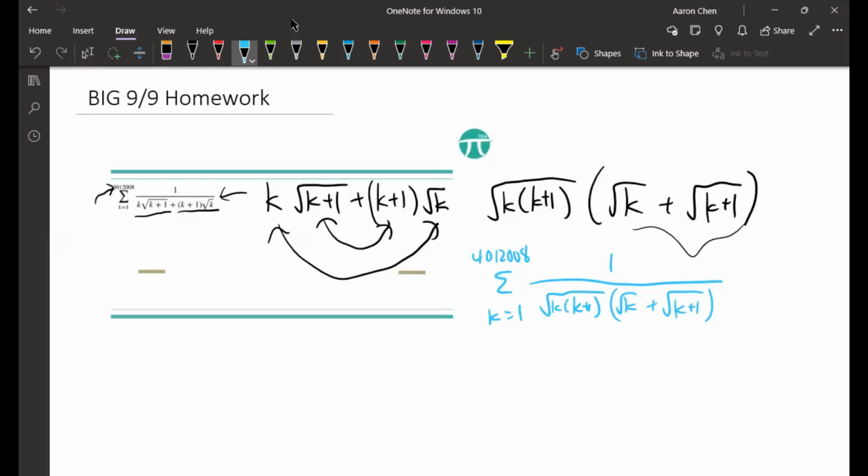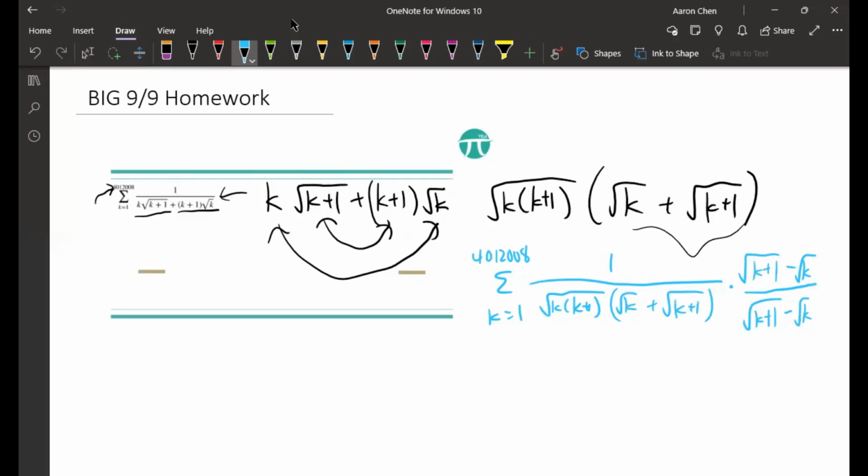Next, what you can do is what you would usually do when you see something like this, which is multiply by a conjugate. In this case, it would be the square root of k plus 1 minus the square root of k. Like in most problems like this, you multiply both the numerator and denominator by the same thing, because otherwise you would be affecting the value, and that would definitely affect the sum.